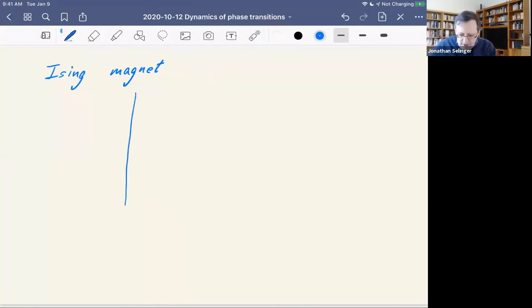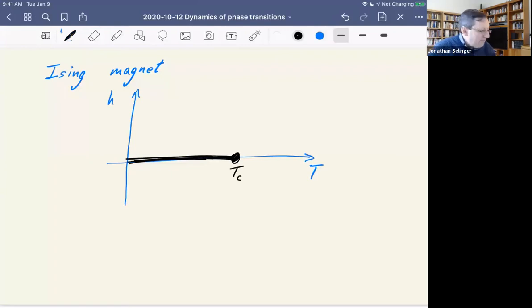Okay, so you remember there's a phase diagram for the magnet in terms of magnetic field and temperature. Okay. And the phase boundary looks like this, right? That there's a first order phase transition, which ends in a critical point here at Tc.